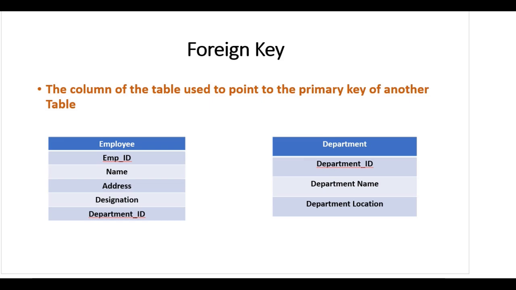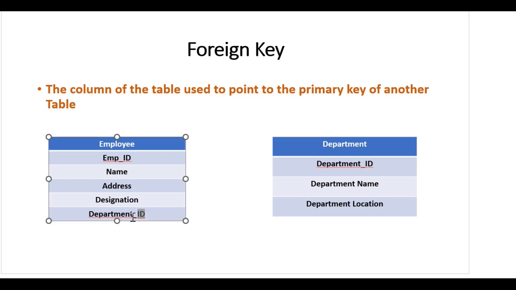In the department table, this department ID is the primary key, and in the employee table, this department ID is not the primary key, and it is making a relationship between these two tables.